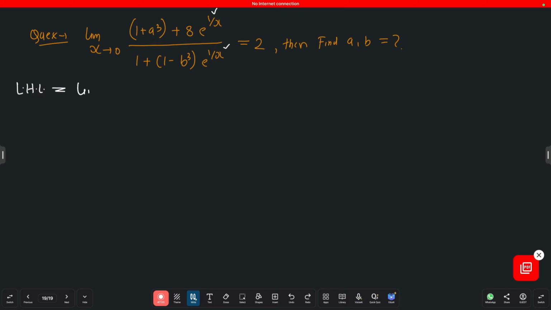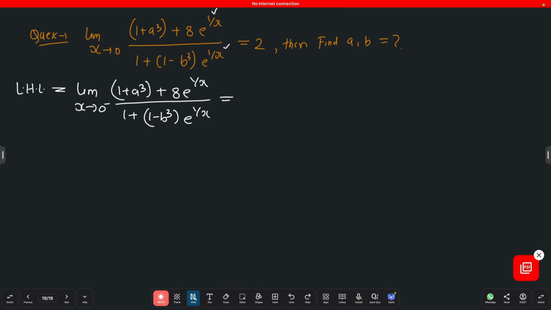For LHL, limit x tends to 0 minus, and the function is 1 plus a power 3 plus 8 e power 1 by x upon 1 plus 1 minus b power 3 e power 1 by x. I will do LHL, and it is given equal to 2, so equal to 2 will go in LHL also. If the limit exists and the limit value 2 is given, it means LHL is 2 and RHL is 2, correct?